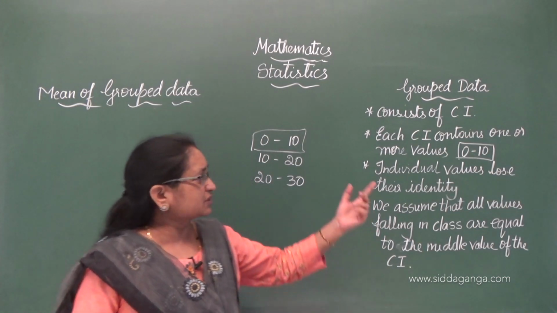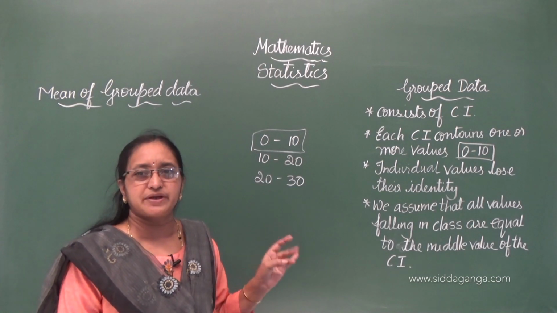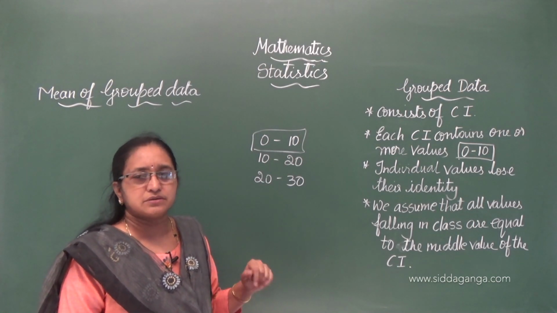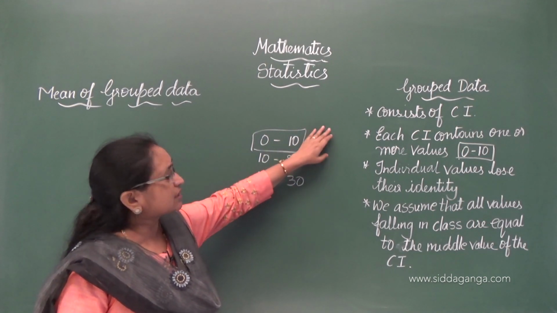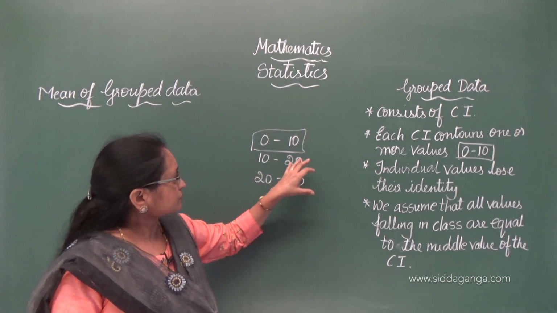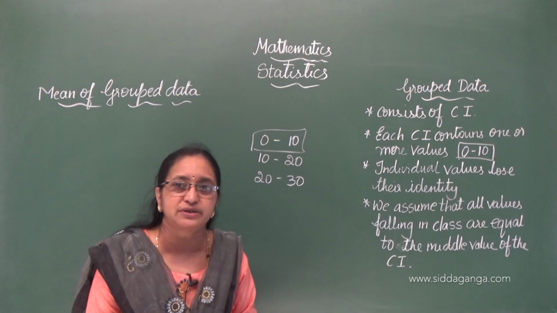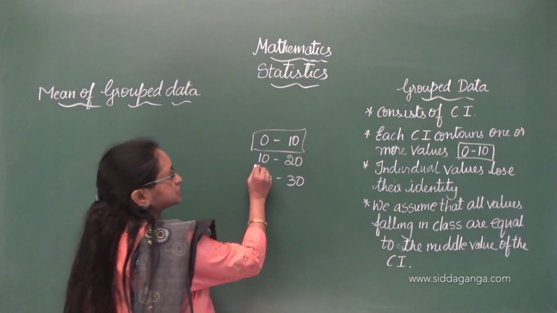Understood? See for example, here 0 to 10, with marks 0, 1, 2, 3, 4, 5, 6, 7, 8, 9, and the marks obtained 9 also, will come under this group. And yesterday in the previous class, I told you that if the student has scored 10 marks, then it will come under the next group, not this group.